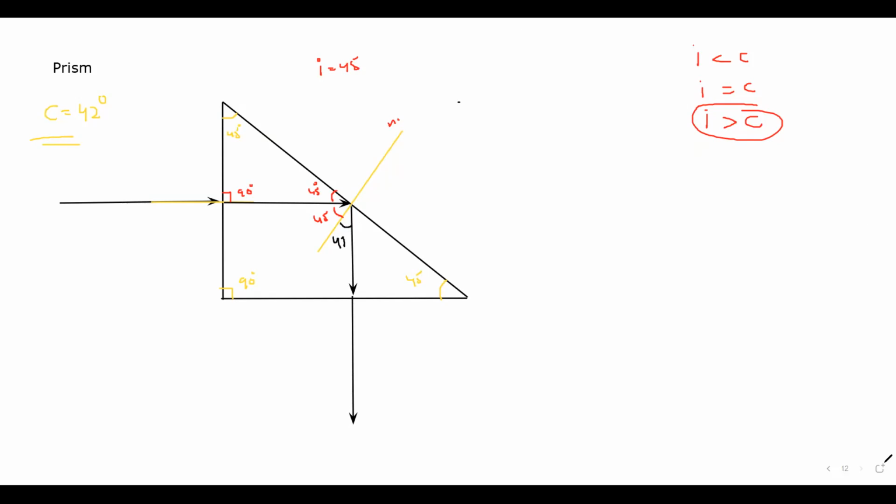If you have another prism, say the critical angle is 42, but the type of prism is different.